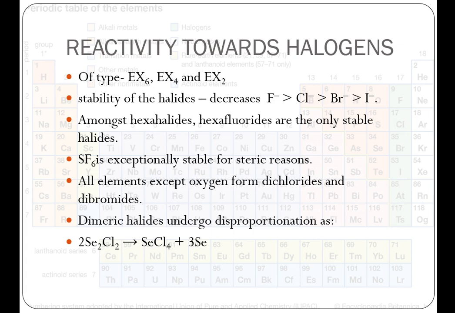All elements except oxygen also form dichlorides and dibromides. These dihalides are formed by sp3 hybridization and have tetrahedral structure. Dimeric halides may undergo disproportionation, like Se2Cl2 disproportionates to form SeCl4 and selenium.